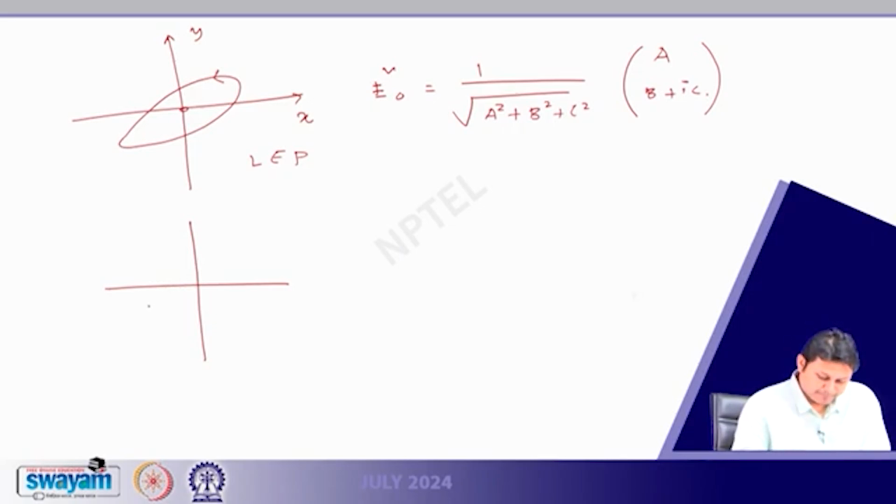In a similar way, we can have another orientation with opposite direction. This is right elliptical polarization, x and y, and E will be very much the same.